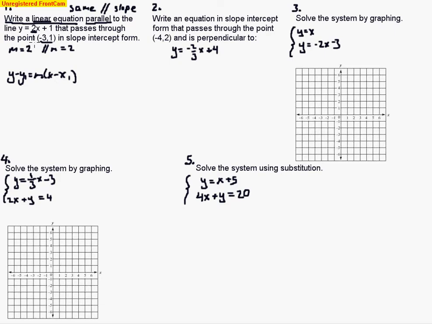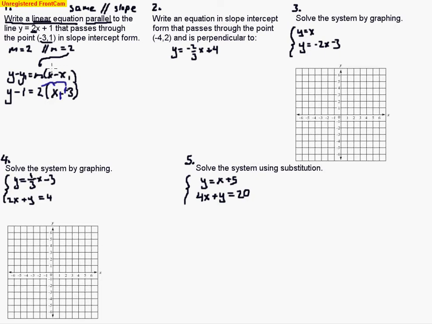And it needs to pass through this point. So we're going to take the slope, put it in for m. Take the point and put it in for x1 and y1. So let's rewrite what we've got. y minus 1 equals the slope, which is 2, times x minus negative 3. Whenever you see a minus negative, right away I change that to plus positive, and then distribute.